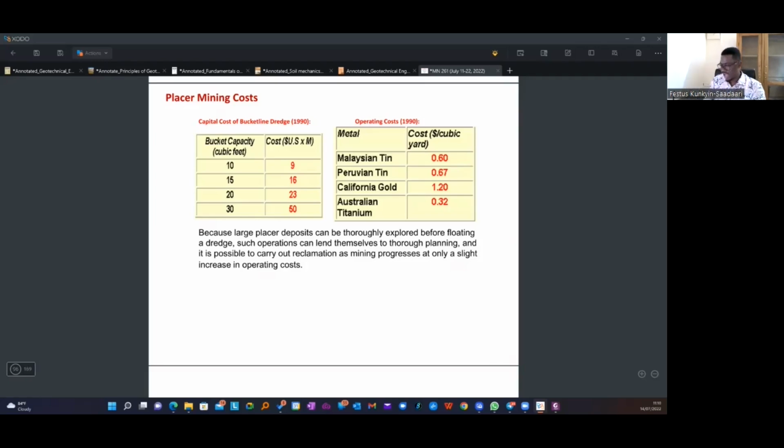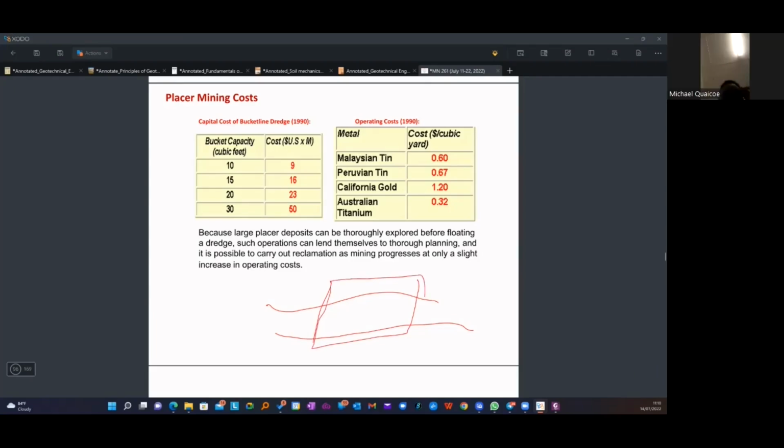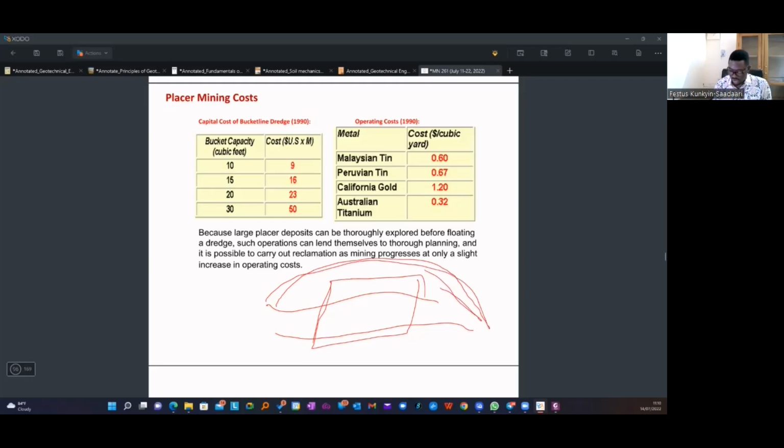For example, if I have a stream going this way, and this is the low area where your deposit is found, you have to cause a route to divert the water through this point and then block this area. So when fresh water is coming, when it gets here, it diverts and goes through. Then you can just be working within this area where you have found your deposit.